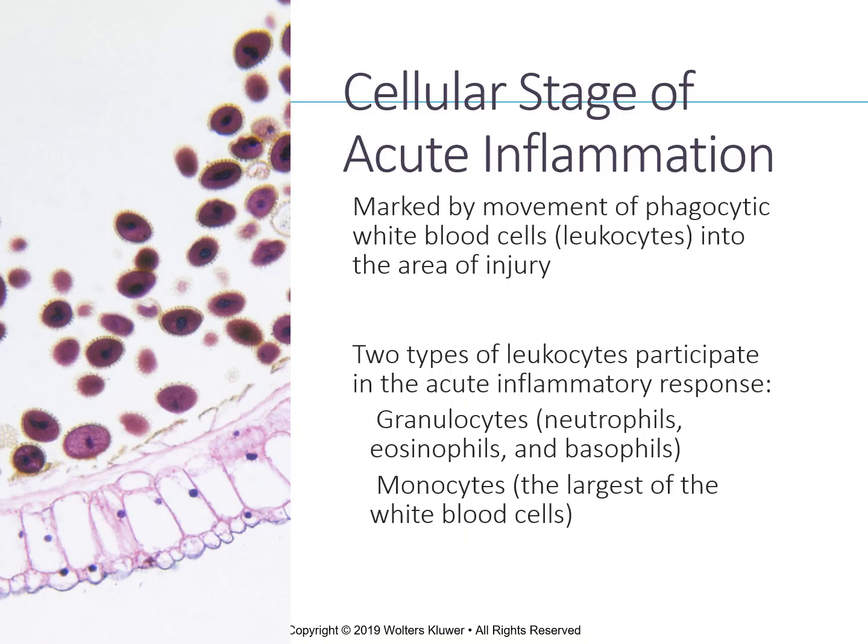After the vascular stage of acute inflammation comes the cellular stage of acute inflammation. This is when we get significant movement of those phagocytic white blood cells, or leukocytes, into the area of injury.